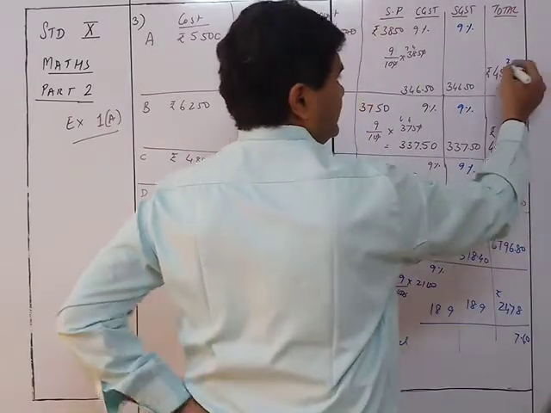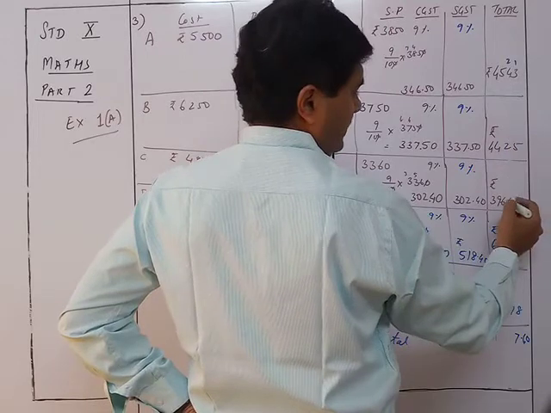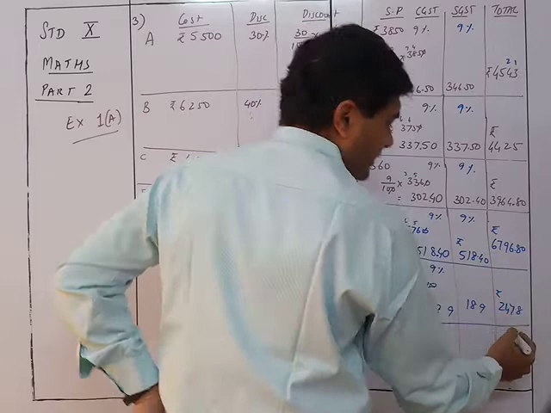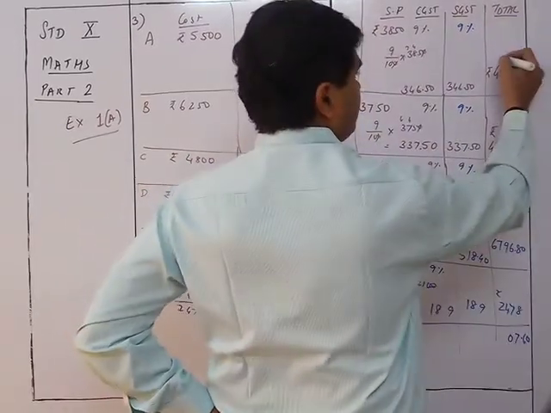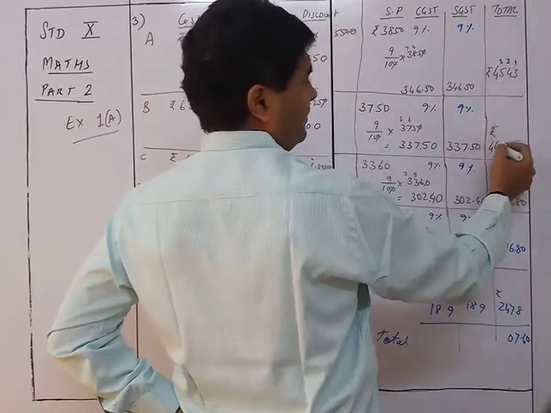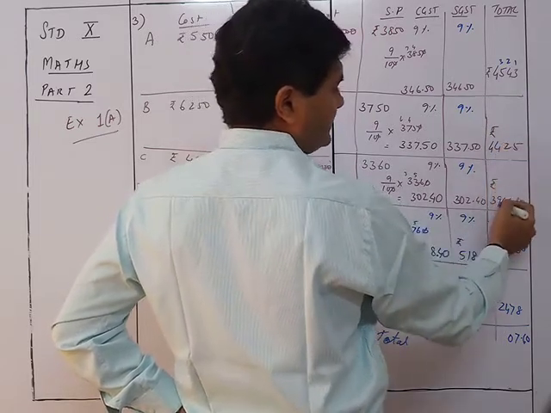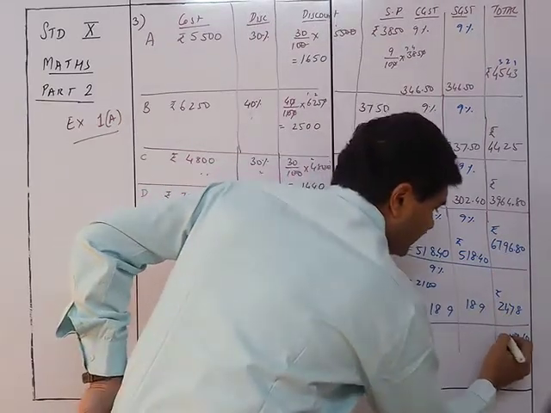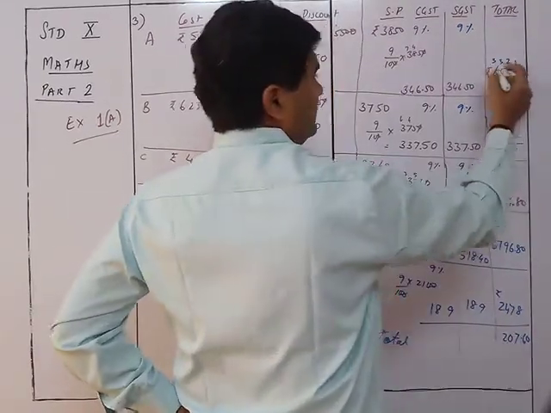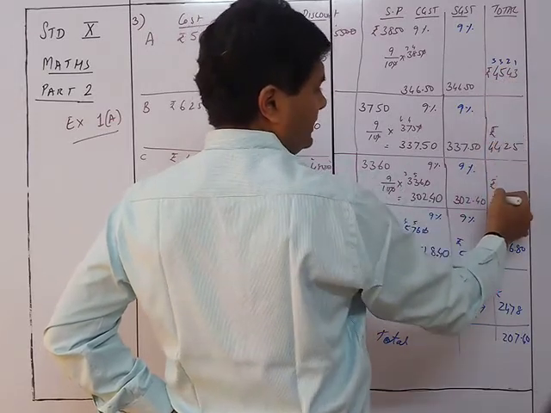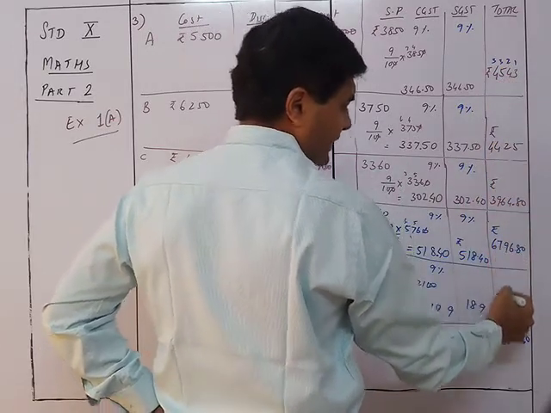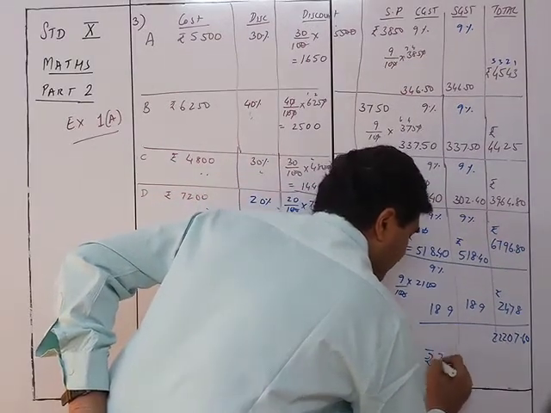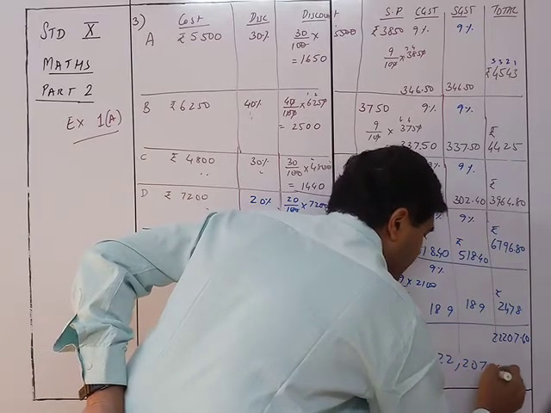So it's 2, and then 6, 6, 7, 8, 8 plus 6, 14, 14 plus 9, 23, 23 plus 7 is 30. 8 plus 4 is 12, 12 plus 9 is 21, 21 plus 7, 28, 28 plus 4 is 32. 7 plus 4, 11 plus 3, 14, 14 plus 6, 20, 21, 22. So he gets a total amount of rupees 22,207.60 paisa.